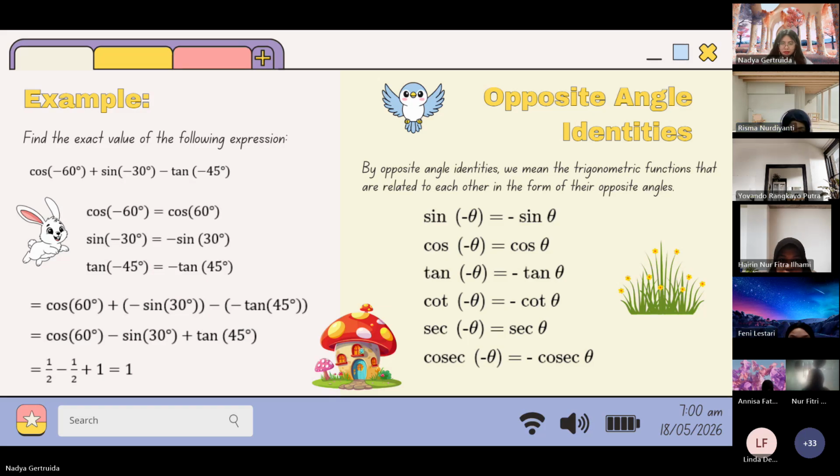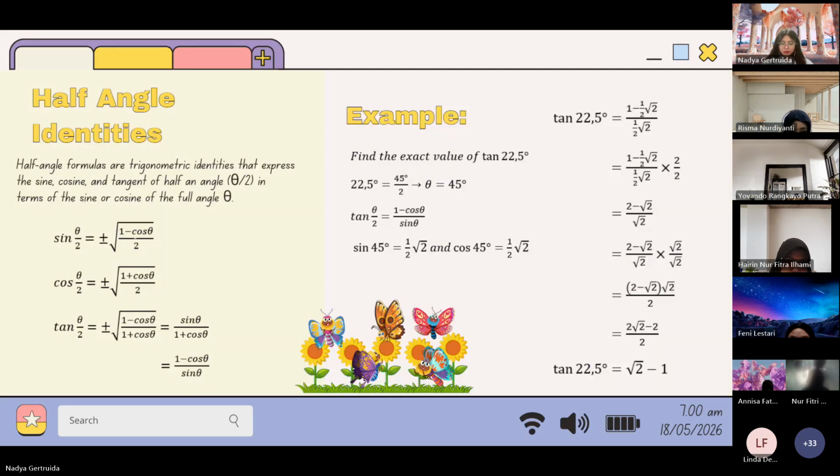Next. Okay, next are the half angle identities. Half angle formulas are trigonometric identities that express the sine, cosine, and tangent of half an angle in terms of the sine or cosine of the full angle.